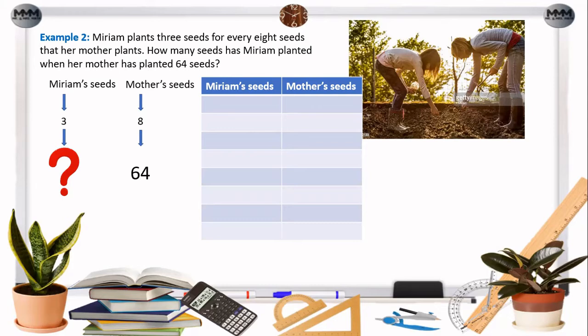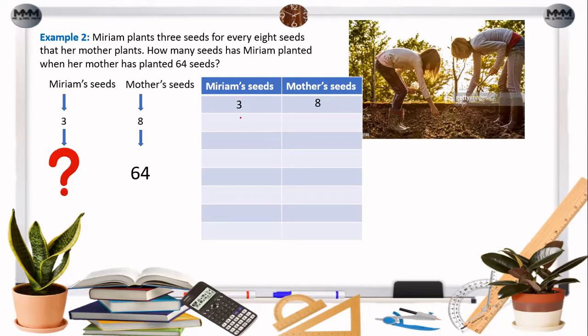So let's have step number 2. Let us place the entries in our table based on the given problem. First, Miriam's seeds, 3. It means Miriam plants 3 seeds and her mother can plant 8 seeds.